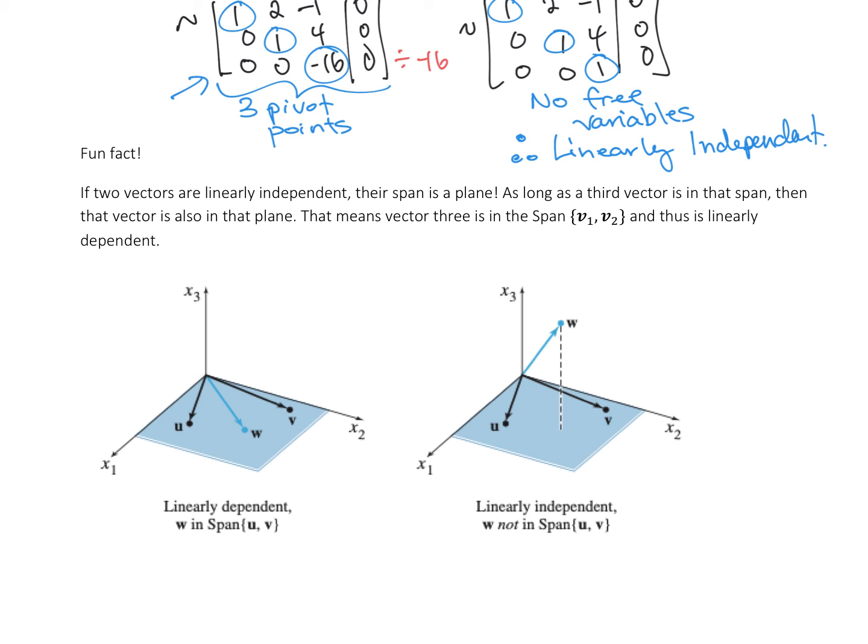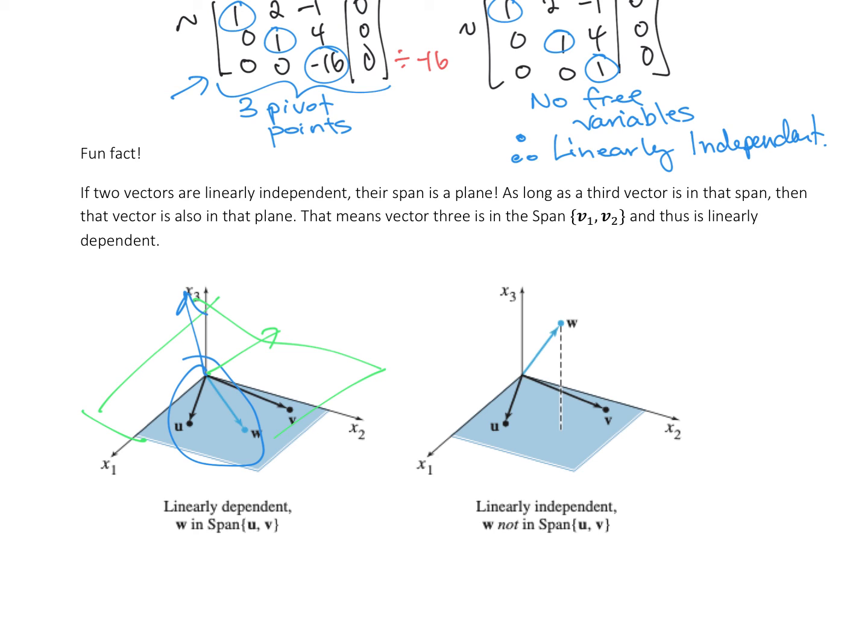Right? So if they're all within that plane, that means that I can take any 2 of these vectors and create any other vector within that plane. So if I make my plane a little bigger, I can make any other vector in that plane, which means they are all linear combinations of each other. If that third vector, though, is not in that span, so it doesn't lie in the plane, then we can say that they are all linearly independent.